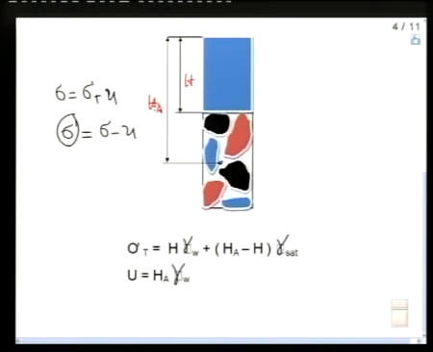So we go to this one. Sigma prime equals sigma minus u. Sigma, we said, is H gamma water plus HA minus H multiplied by gamma saturated.